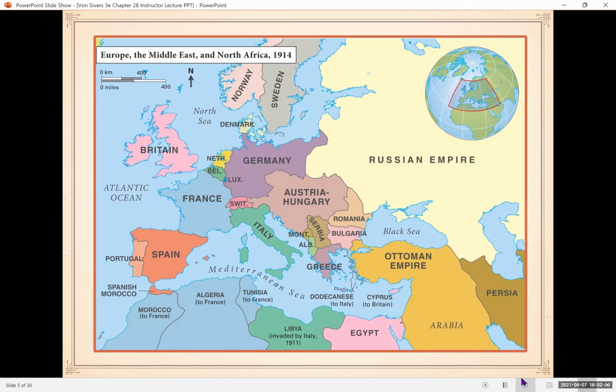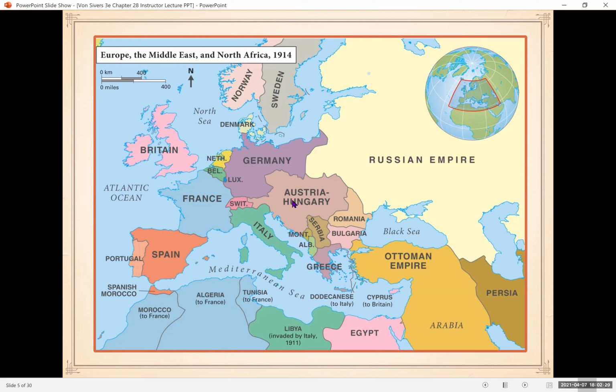So here's the state of Europe in 1914. There is no Finland. The Russian Empire is at a very large area. Germany is at one of its peak sizes.